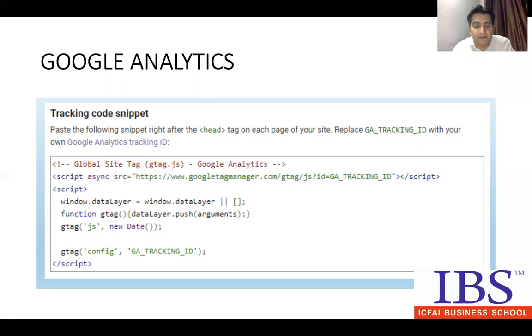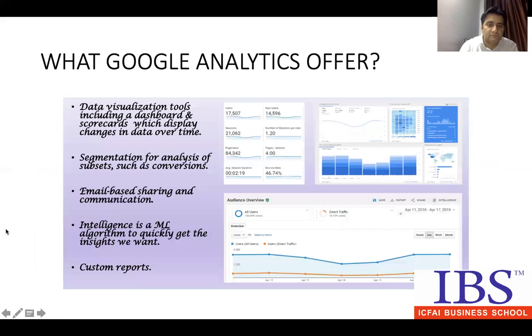Then you will be able to start the analytics of your respective websites. This is an easy process. However, if you don't know programming, you can always do it through your web programmer or whoever has developed your website. That is advisable.